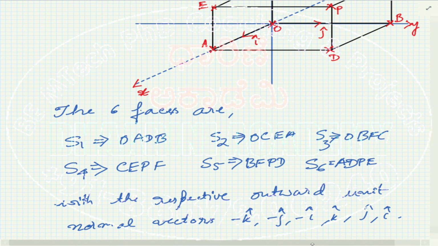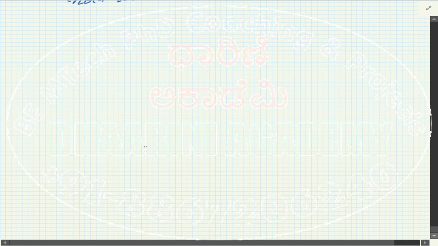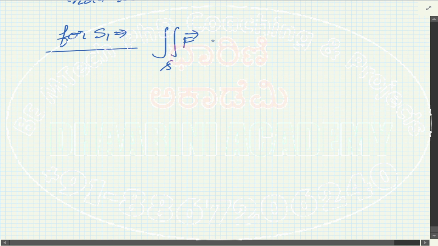Okay, let's do the integration one by one. For the first surface S1, I am supposed to perform the double integral over the surface of vector f dot dS.